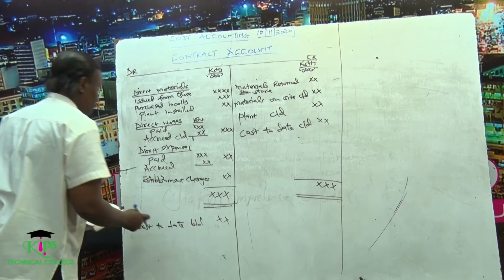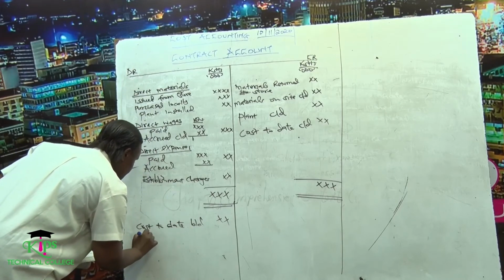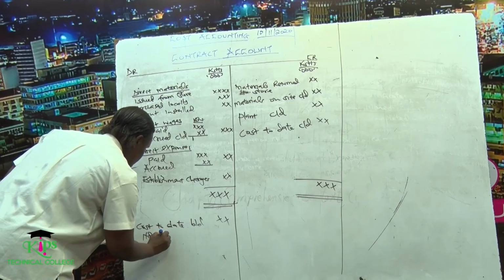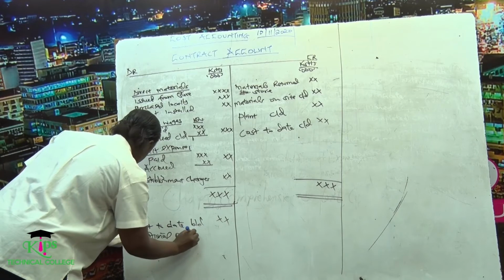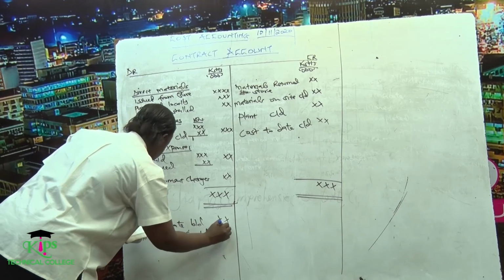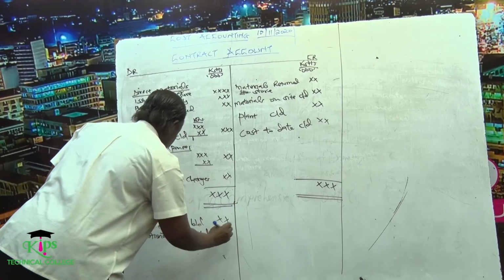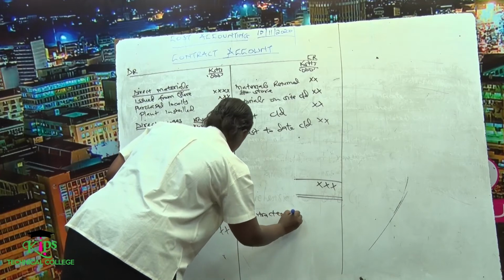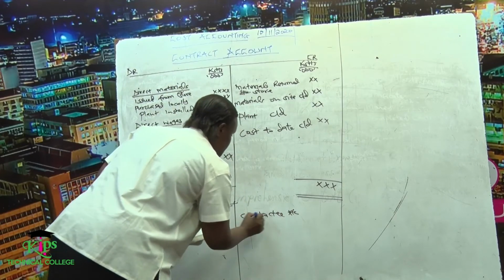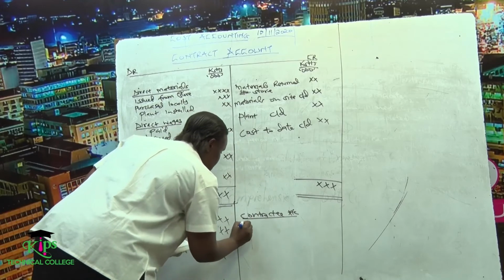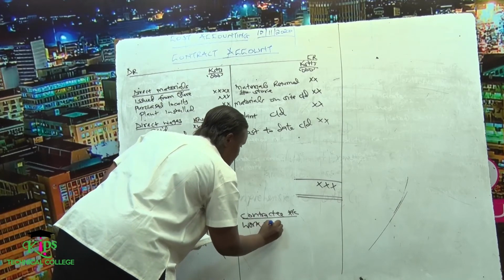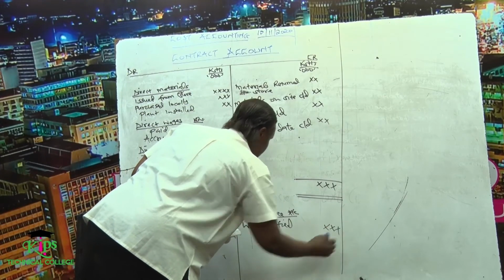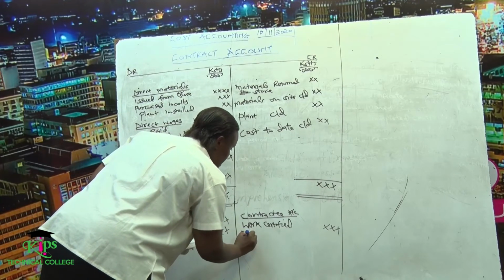Then we have the notional profit. Now we want to calculate the notional profit, carried down. Then we have the contractee account. On the contractee account, we have work certified, the cost of work certified and the work not certified.